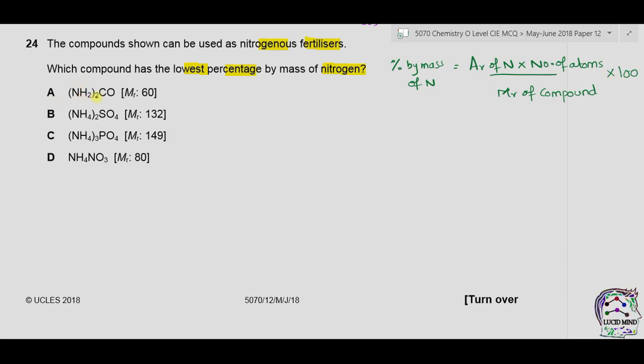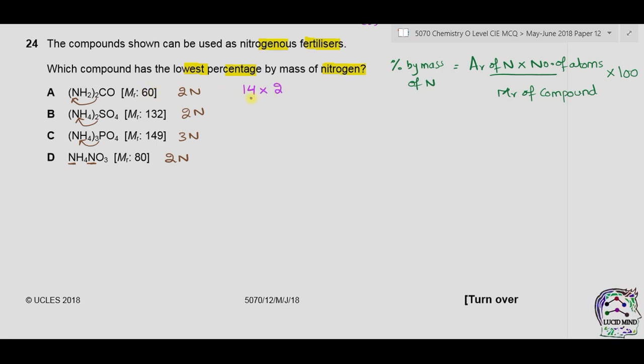So in part A we can see that we have 2 nitrogen atoms. In part B again we have 2 nitrogen atoms. In the third one we have 3 nitrogens. In the fourth one we have 2 nitrogens present. Now using this formula, the atomic mass of nitrogen is 14 from the periodic table. The number of atoms is 2.